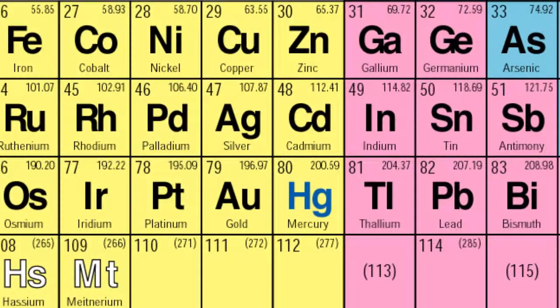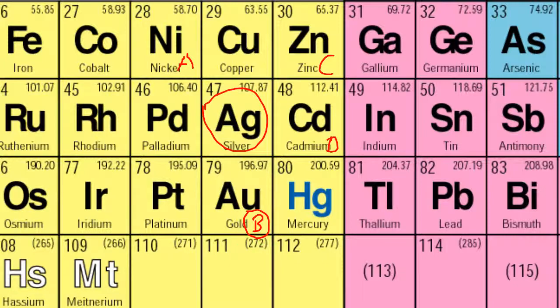So looking at this blown up part of the periodic table, if I asked you which element is most like silver, what would you tell me? Is it A, nickel, B, gold, C, zinc, or D, cadmium? The answer is obviously B, gold.